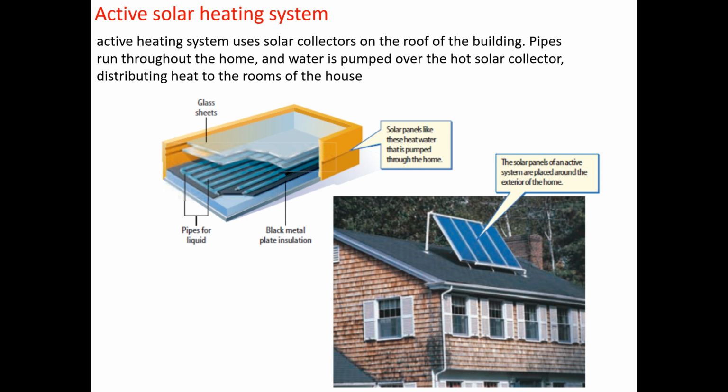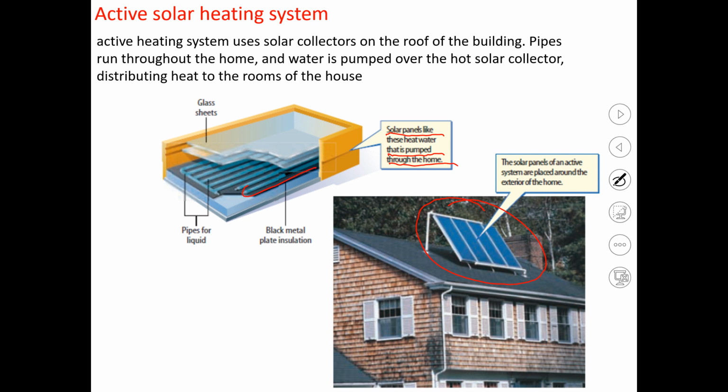For example, some examples of active solar heating and heat collectors. Solar panels of an active system are placed around the exterior of the house, and solar panels like this heat water that is pumped through the home.